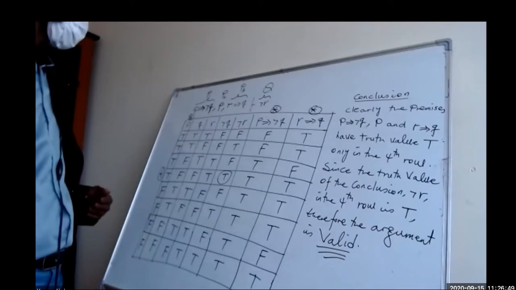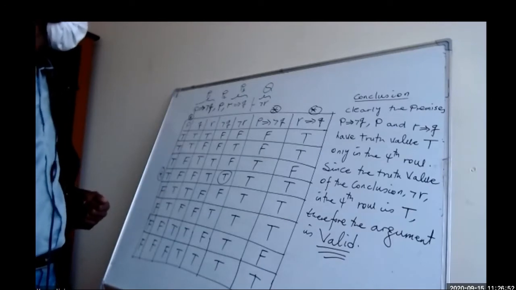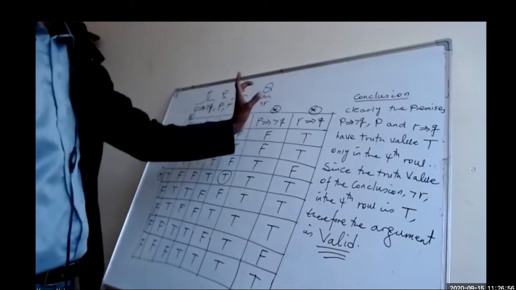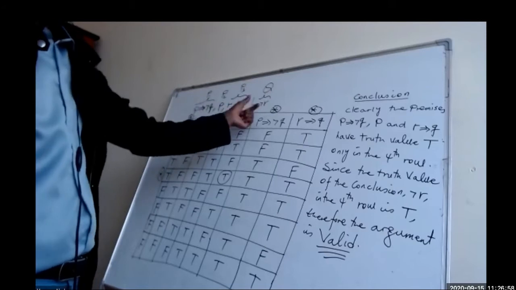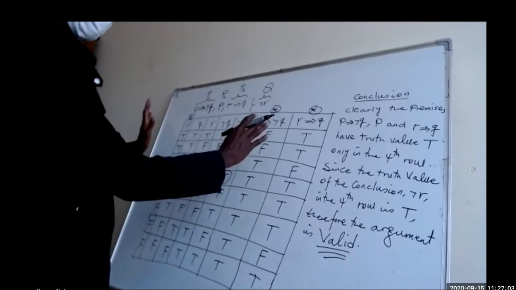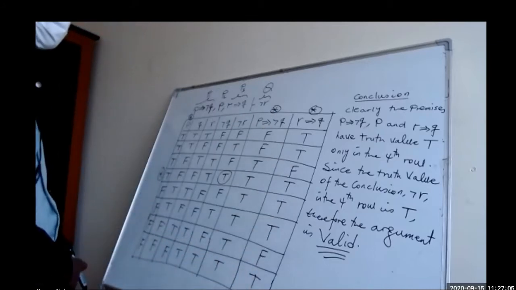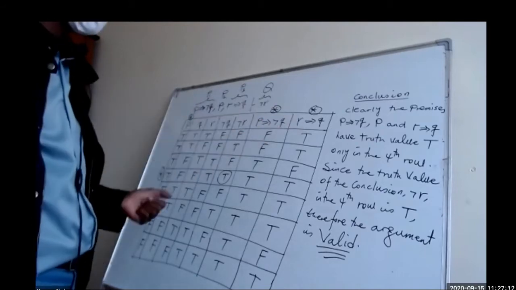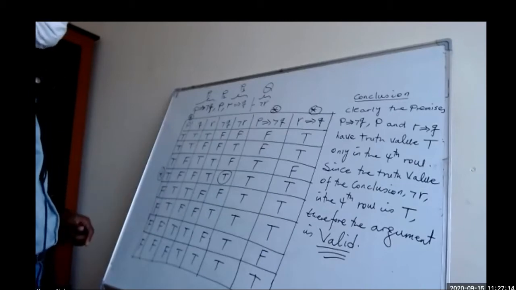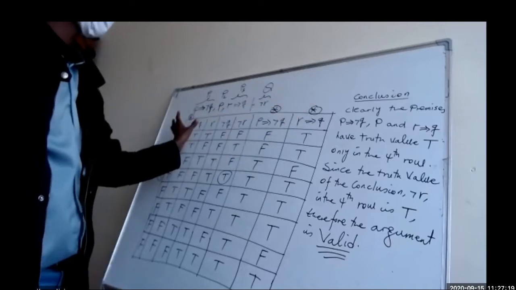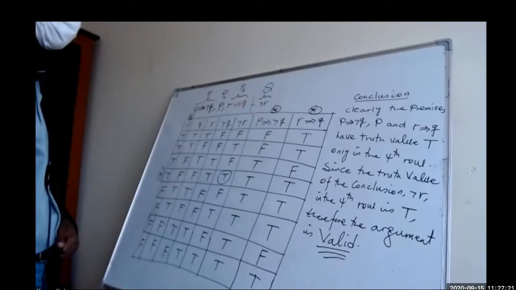Here is the first example. These are the three premises and this one is the conclusion. So after we constructed this truth table, we have to see in which row do the premises have truth value true. The premises are already identified by the stars, so we have 3 stars for the 3 premises.